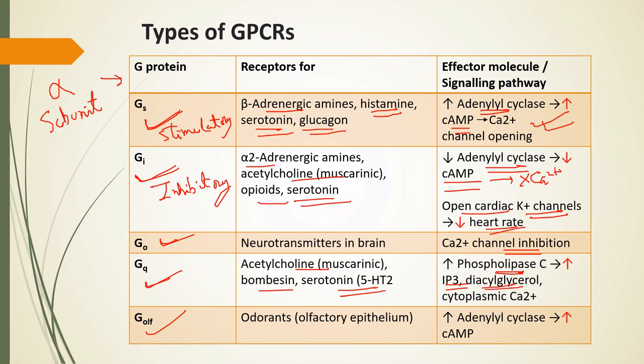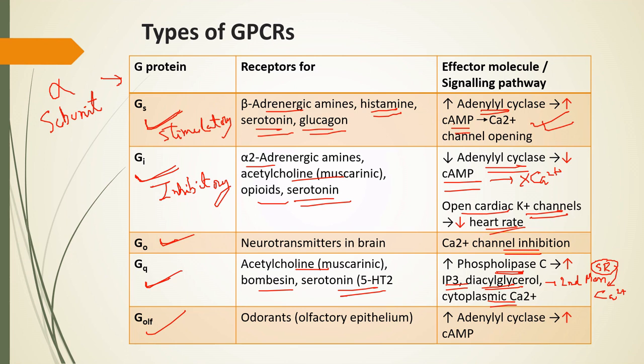Now we know that IP3 and diacylglycerol act as second messengers. This actually helps in removing the calcium that is stored in the sarcoplasmic reticulum and brings it to the cytoplasm. So there is an increase in the cytoplasmic calcium level.